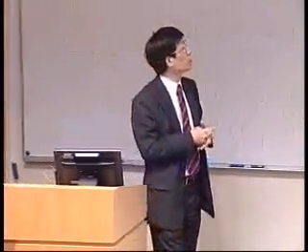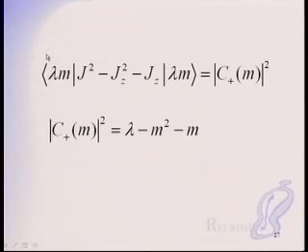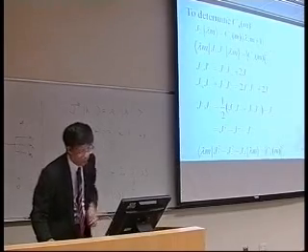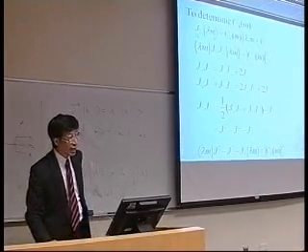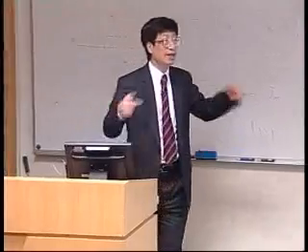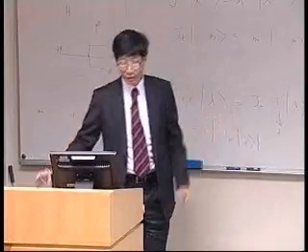Next, I want to determine the coefficient C plus. So I just start with the definition that J plus operating on the m state is the normalization factor times the m plus 1 state. I square both sides. That is, I multiply each thing by its own complex conjugate. Okay?